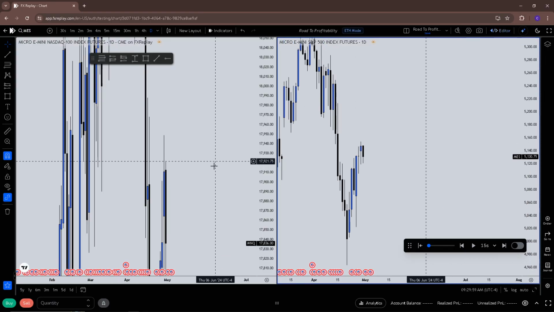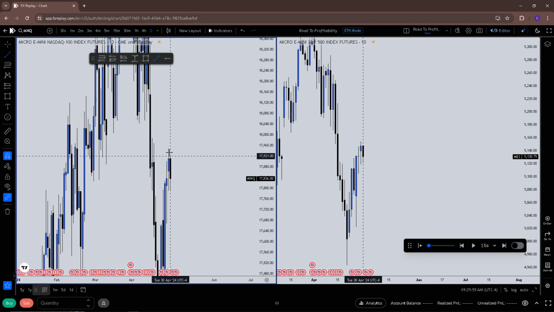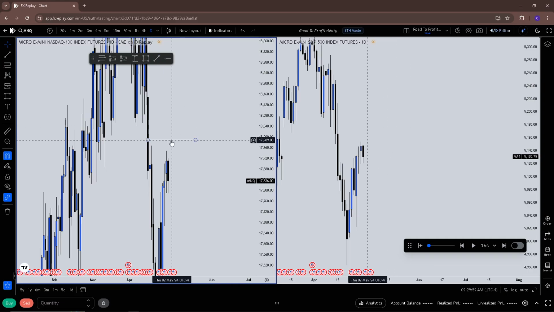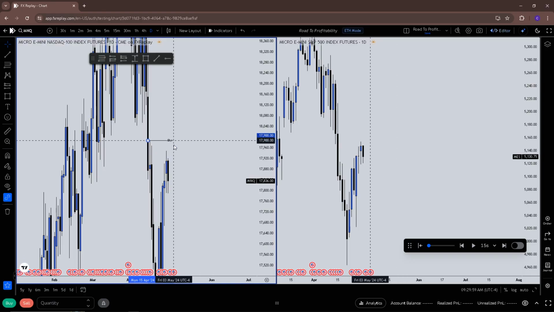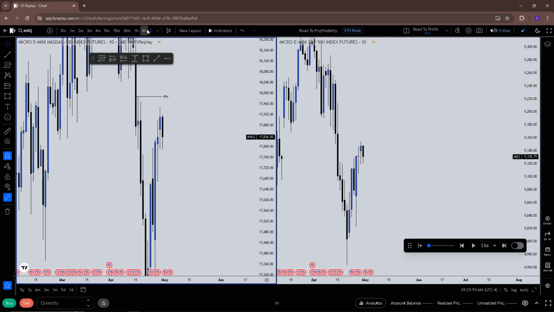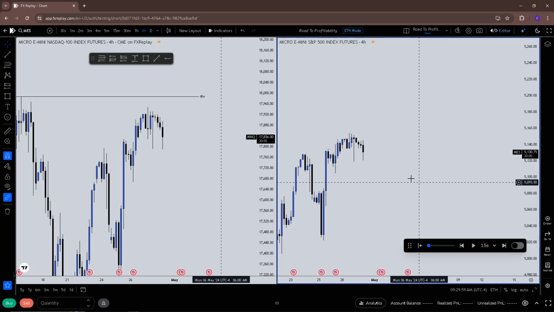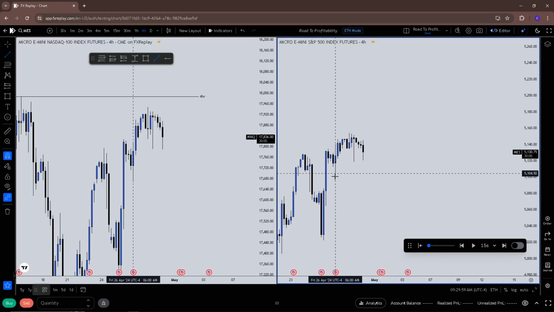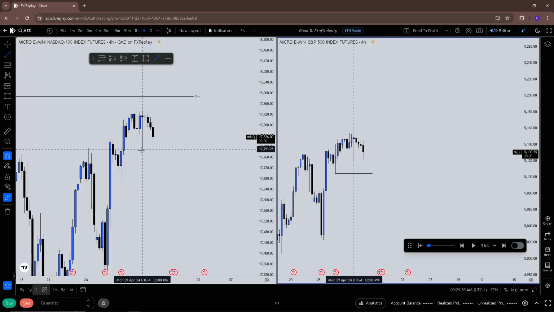Alright, respecting this daily fair value gap. Still haven't tapped into it. Did tap into this 4-hour. Did have that low down there. Looks like we swept it, nor did we create equal lows.